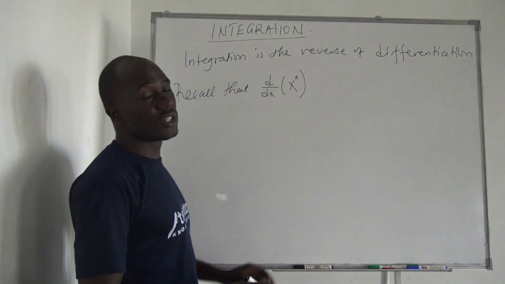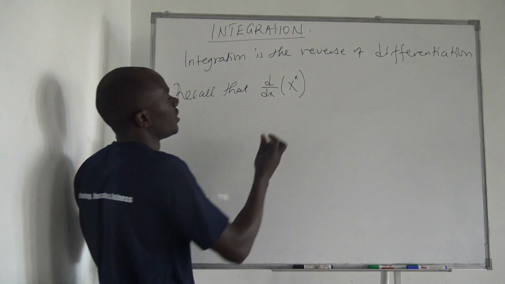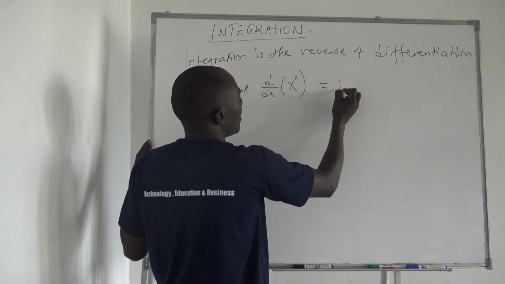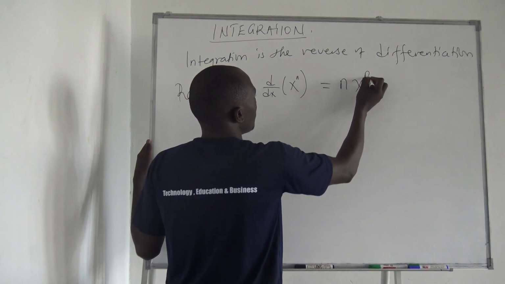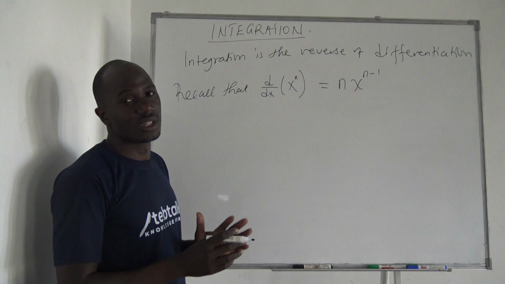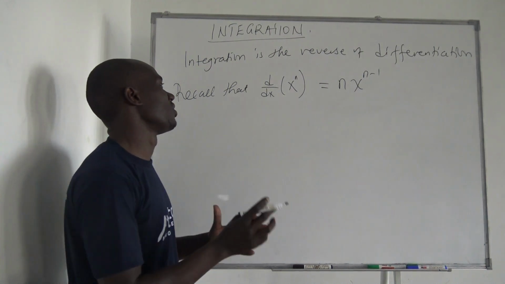When you differentiate x power n, what were you getting? We raise the power, bring the power down, n, then x power n minus 1, which was the process of differentiation. When we say d dx of that, it was about differentiation.